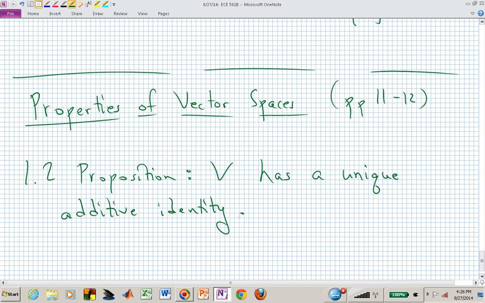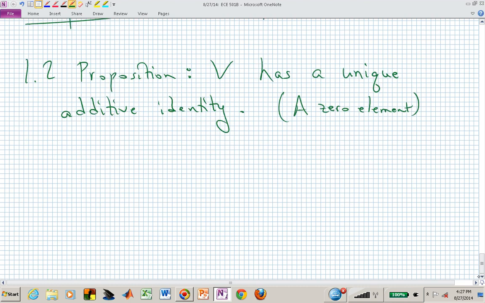What does that mean? V has a unique additive identity. What's the additive identity? You add it to a vector and you get your original vector back. So this is like the zero vector, and that's unique in your vector space. You have a zero element, and it's unique. That's proposition 1.2. So if you have a vector space, you know it has a unique additive identity.